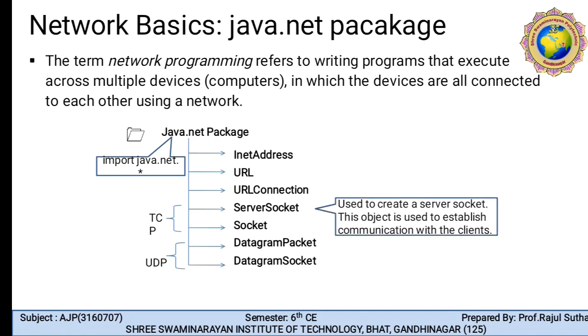Then TCP server socket. Server socket is used to create the server socket. This object is used to establish the communication with the client. The computer machine communicates over the network by plugging itself into the socket. The network socket is like an electrical socket, where you plug in an electronic device and use electricity to make the device useful or work.